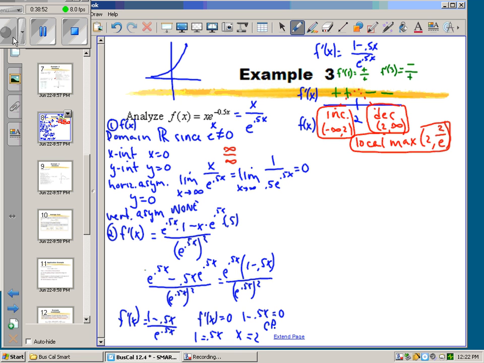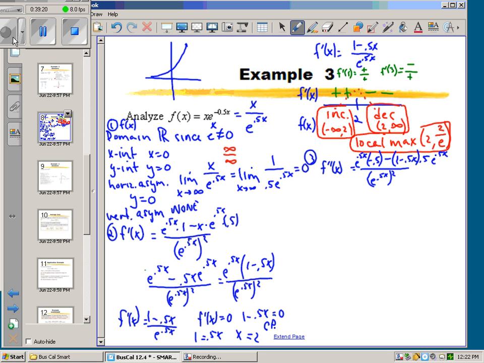Okay, so now let's look at the second derivative. Step 3. The second derivative, using the same rule, we're going to do e to the 0.5x squared, the denominator, using the quotient rule. e to the 0.5x times the derivative of the top, which is negative 0.5, minus the top, 1 minus 0.5x, times the derivative of the bottom, which would be 0.5 times e to the 0.5x.